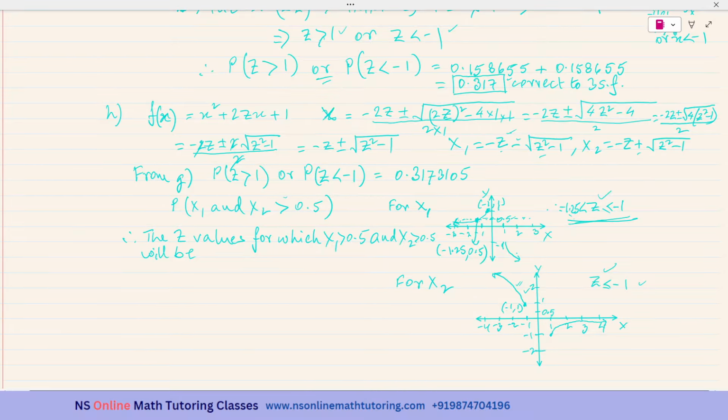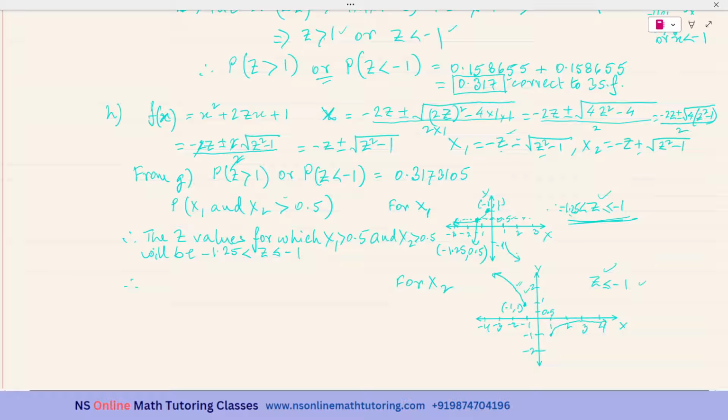So the common interval is this one: negative 1.25 is less than z is less than or equal to negative 1. So these are the z values that we have to take.